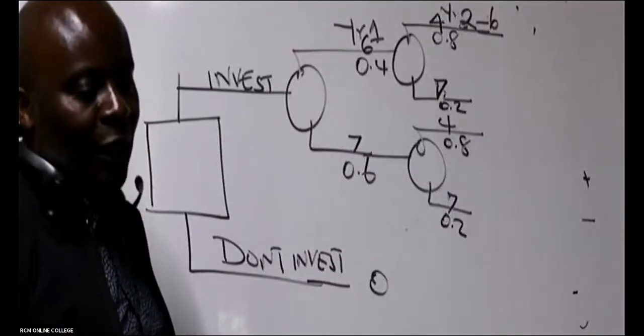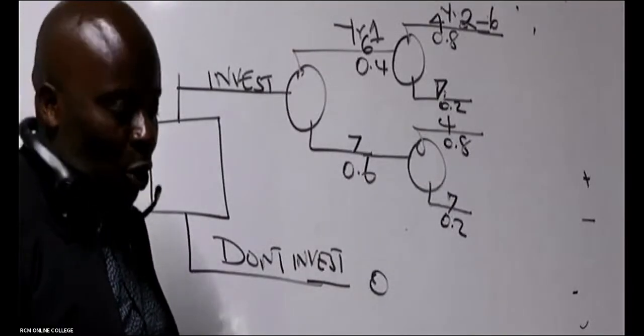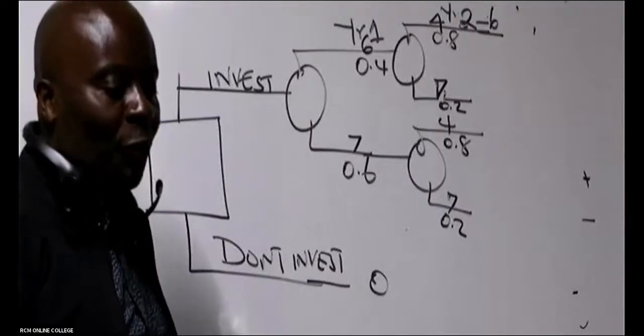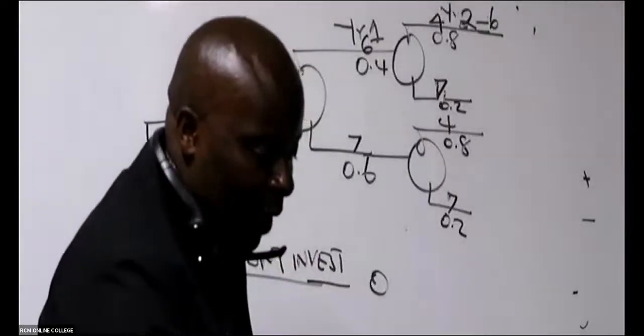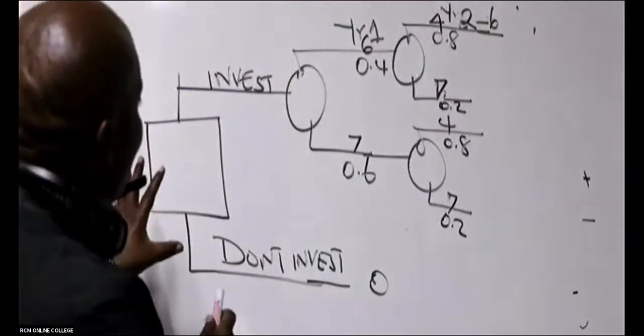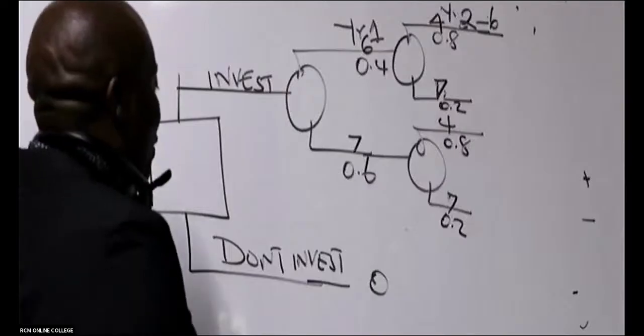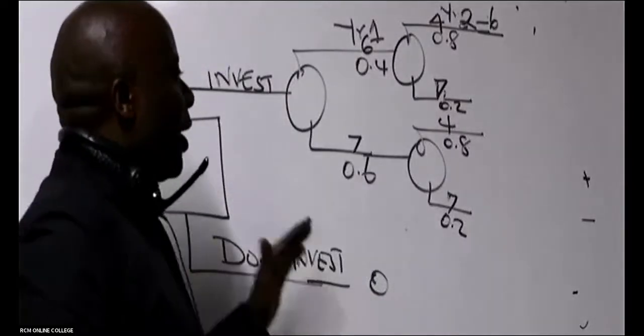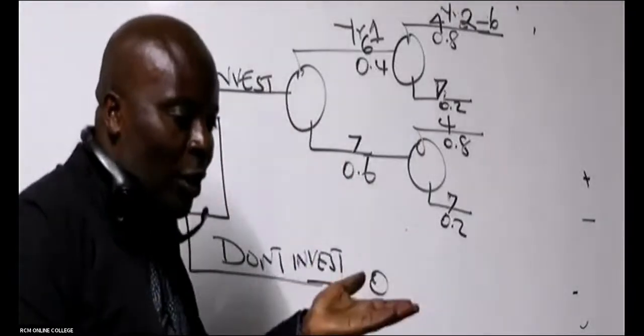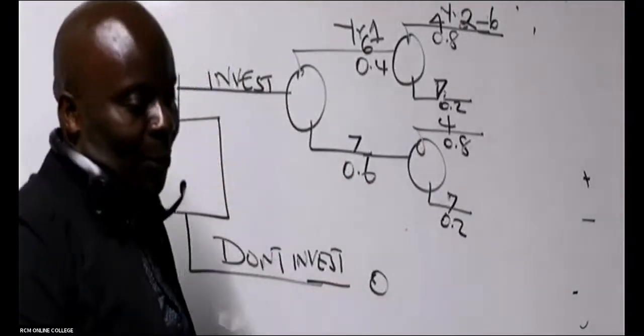So let me know whether you've been able to finish writing up to here. The good thing with AFM is that we always start by deciding: do we invest, or do we go without investing? If we go without investing, it's 0. If we invest, then we wait for some probabilistic outcomes.